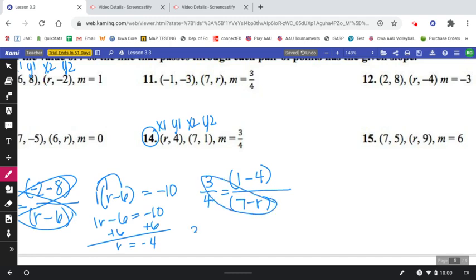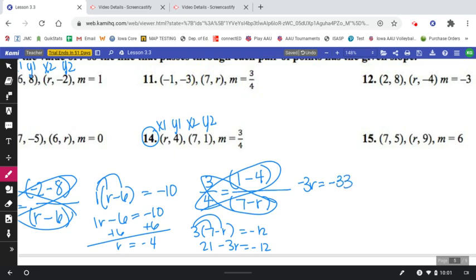Cross multiply here would give me 3 times (7 minus r) equals negative 12. Distribute to get 21 minus 3r equals negative 12. Subtract 21 from both sides. So negative 3r equals negative 33. Divide by negative 3, and so r is 11.